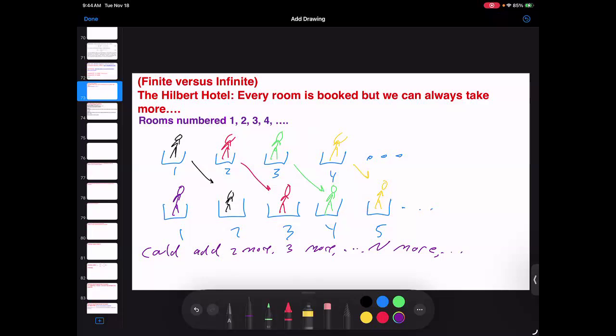Any finite number, sure. Can we do infinitely many? How? So I guess you just send the guest in room n to the number multiplied by 2. Excellent. Send n to 2n. So we could get infinitely many more people to be added.